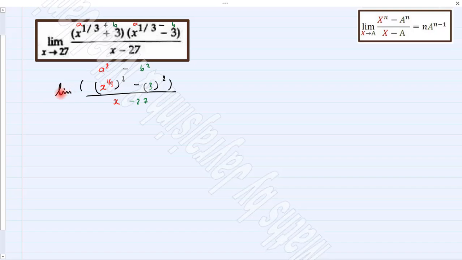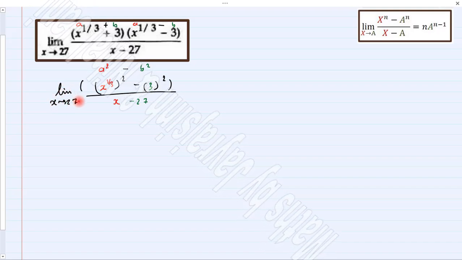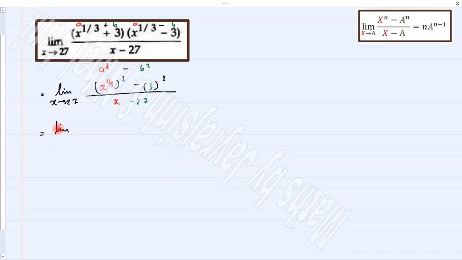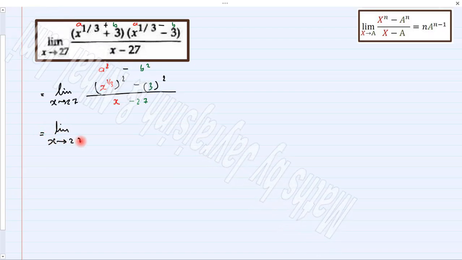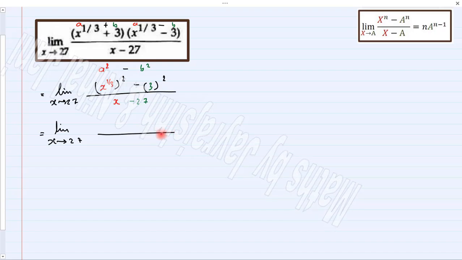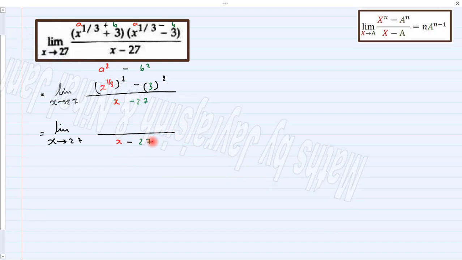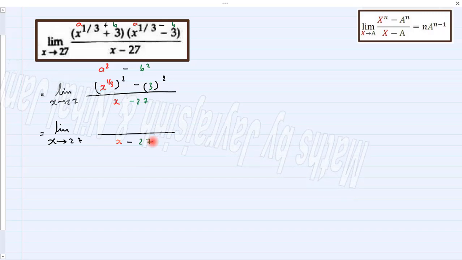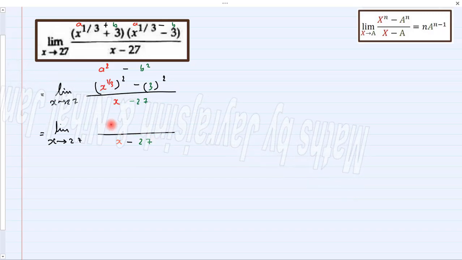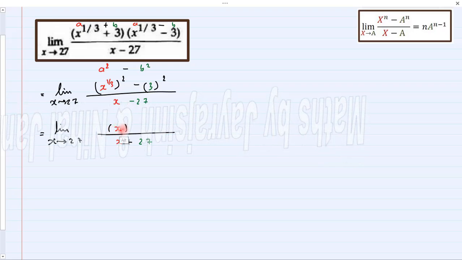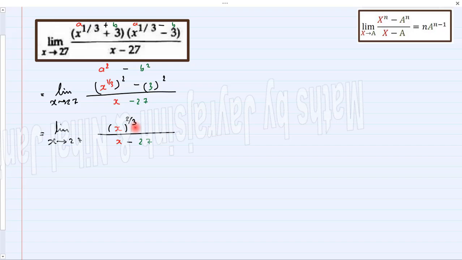Your limit is x tends to 27. Now let's compare with the standard form. In denominator, we have x minus 27. So we just need x minus 27 in the numerator with certain power. So let's write down x raised to 2 by 3.